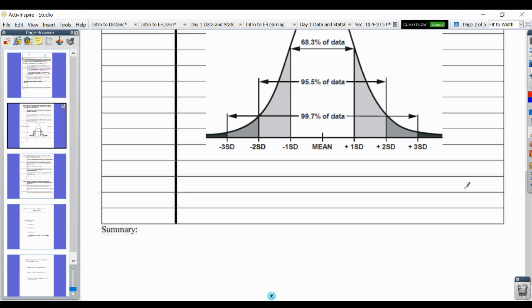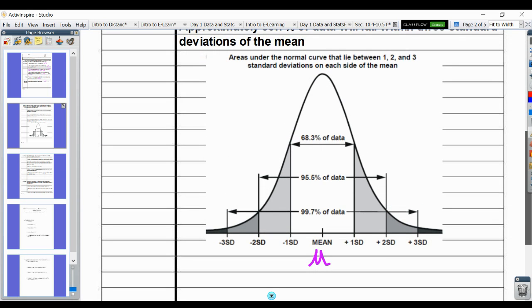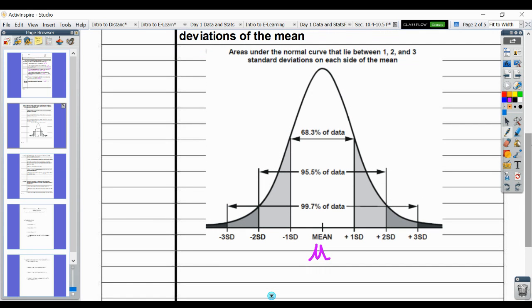So the way this looks, here's our mean, we call it mu. And you can tell that this is a standard normal curve by looking at its shape. So if I were to draw a line up through the peak, that dotted line that I just drew is called mu. It is symmetric on either side of the line. And I can measure out very clearly where the standard deviations are, how far away one standard deviation is, and two, and so forth.